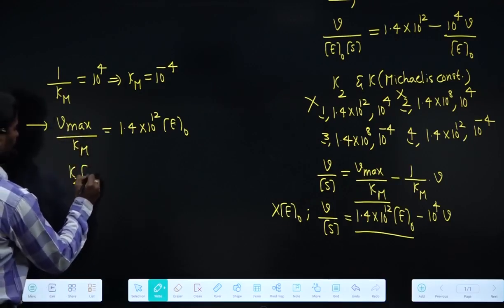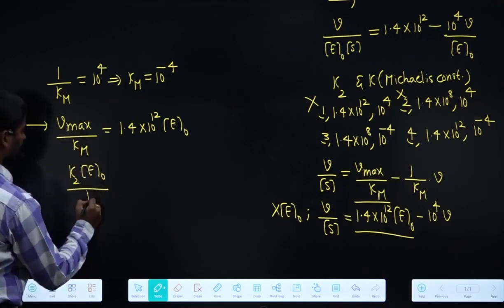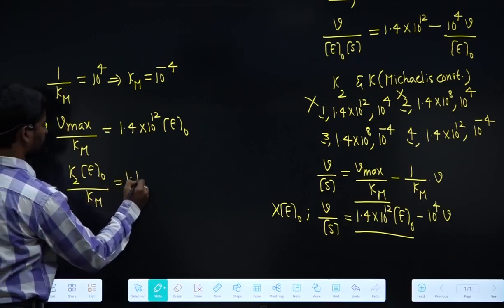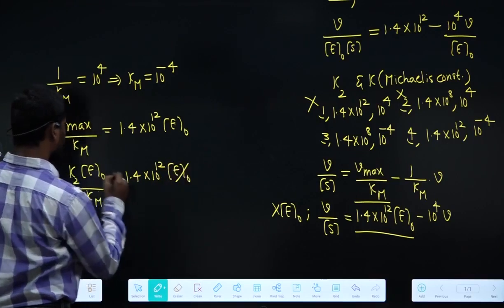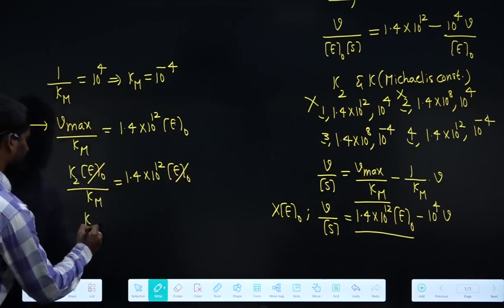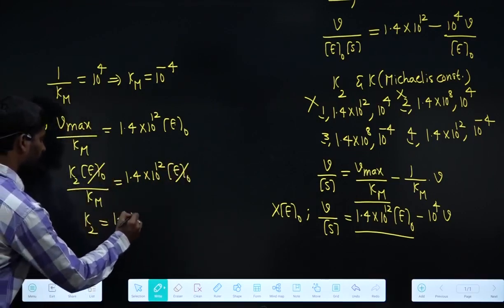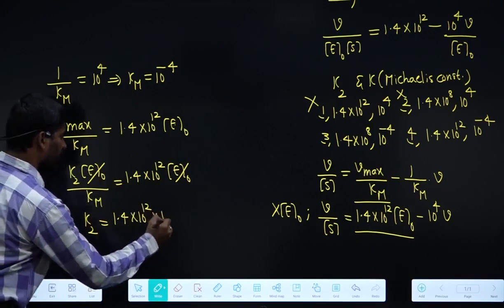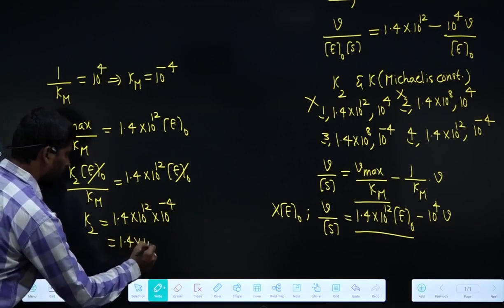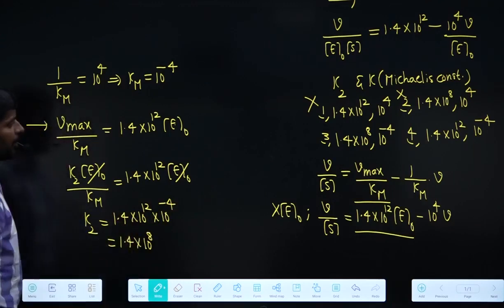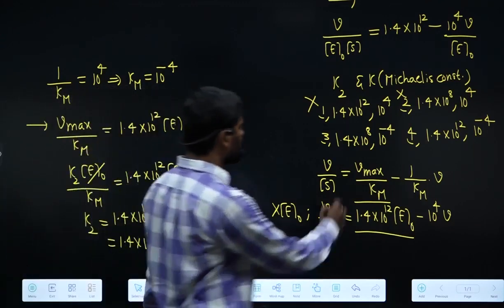So K2 into E naught by Km, E naught gets cancelled. So K2 is equal to 1.4 into 10 power 12 into the Km value. Km value is 10 power minus 4, so we get 1.4 into 10 power 8. That is option 3.